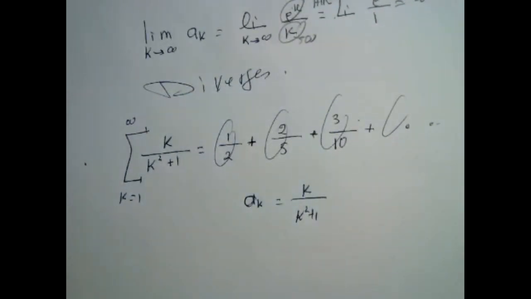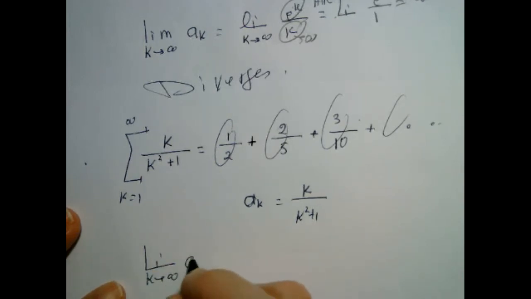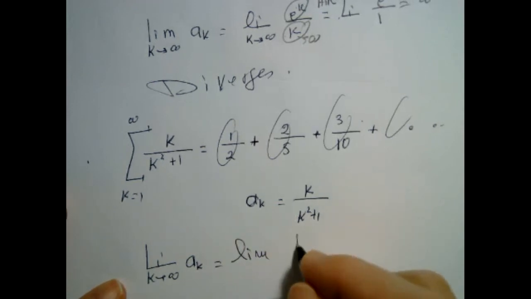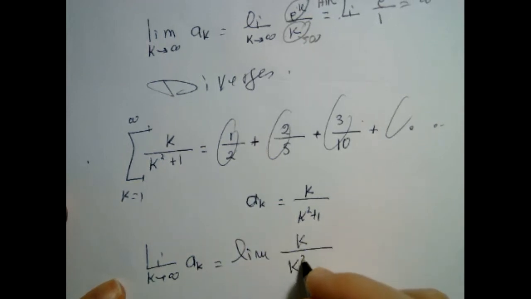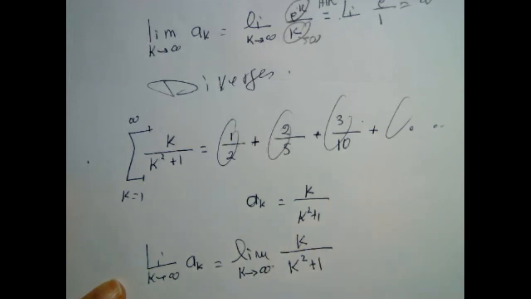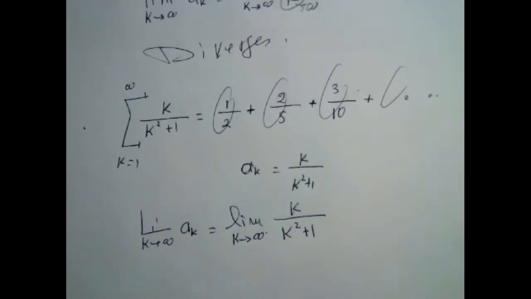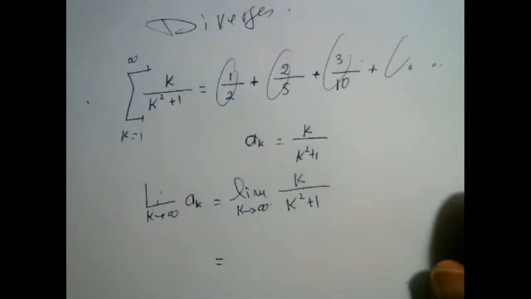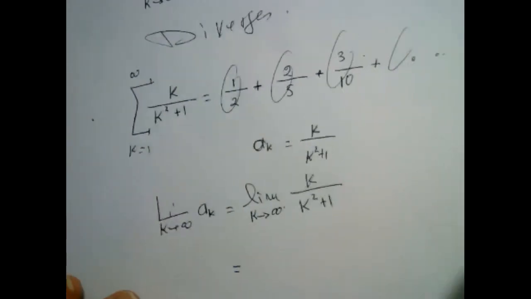Okay, now let's see the limit. The question is, when k goes to infinity of a_k, the limit of k over k squared plus 1. So let us compute this limit. What do you think this limit is going to be?